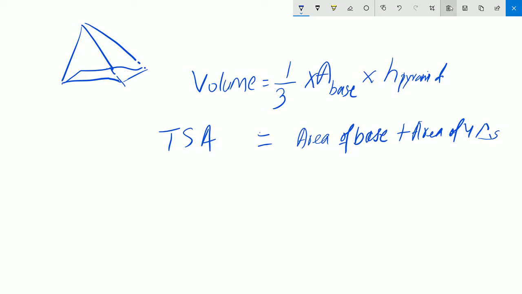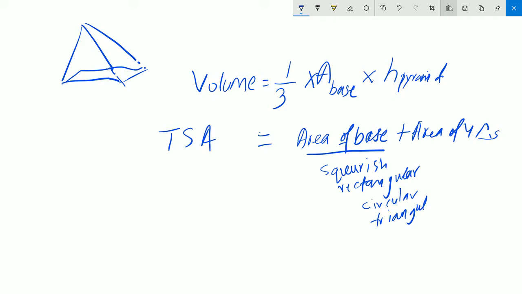So, as was the case with the volume, when calculating the total surface area, we can have any kind of base on our pyramid. It can be square, a squarish base. It can be rectangular. It can be circular or triangular. So we're going to calculate the area accordingly.